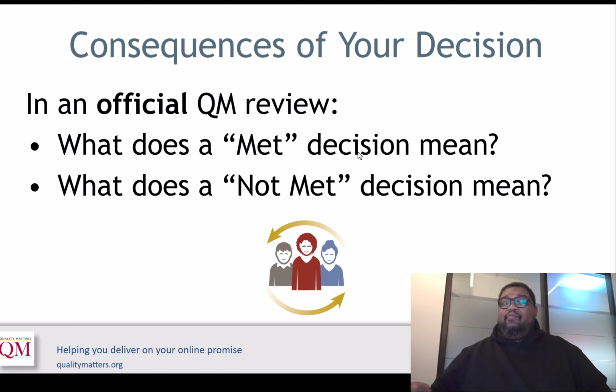If you decide something is not met, you're still required to provide both evidence and a suggestion for improvement, because that suggestion will help get them to being met. If they have to go into the time where they have to revise their course, they will need that information to revise it.